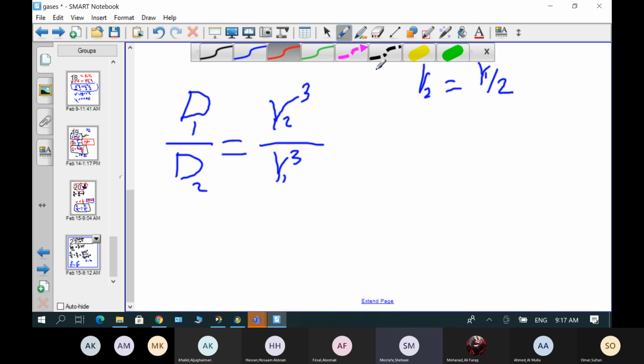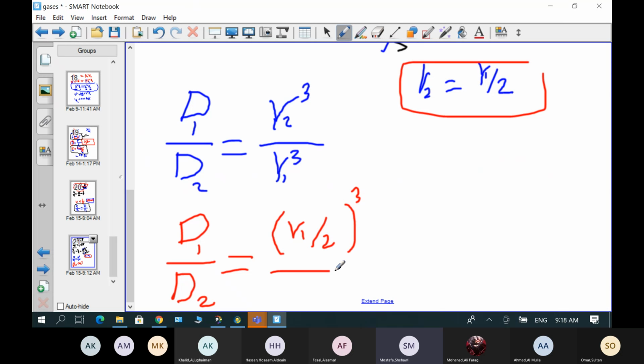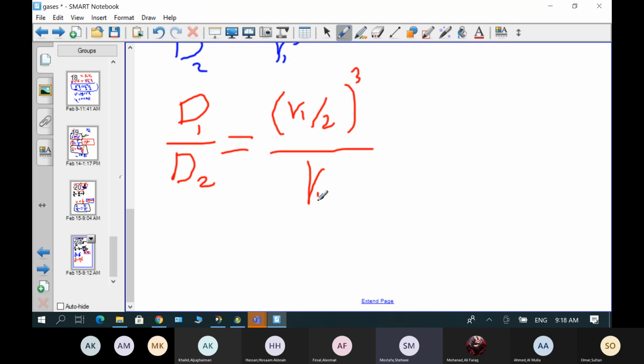I can use this equation here and replace R2 with R1 over 2. So D1 divided by D2 would equal R1 over 2, all cubed, divided by R1 cubed, which equals R1 cubed divided by 2 to the power 3, divided by R1 cubed.